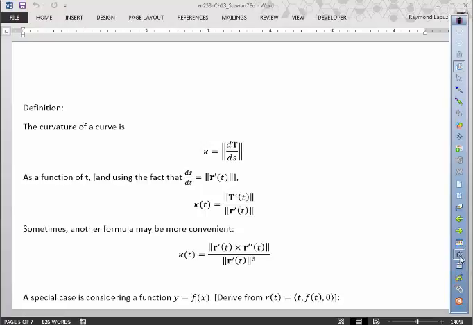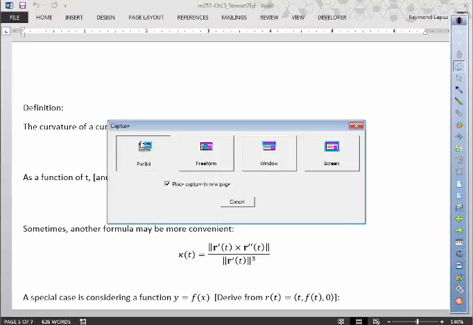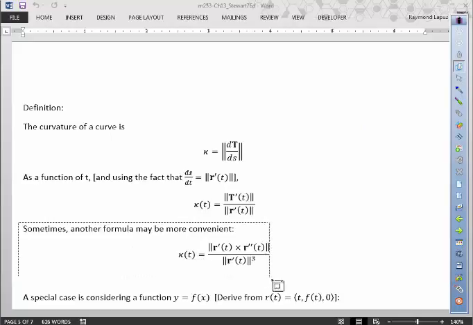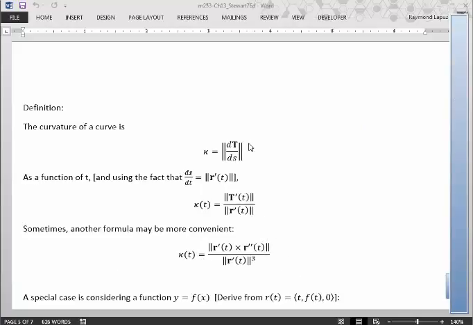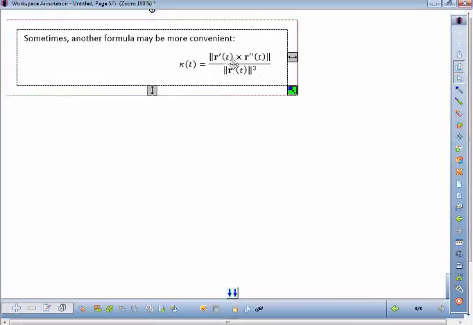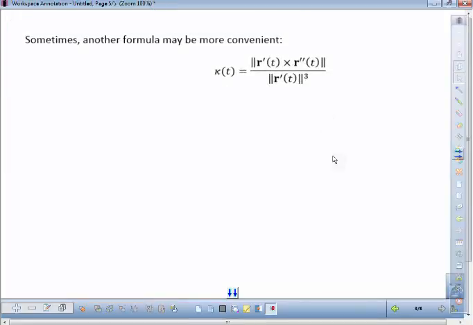I don't know if this is more convenient, but I guess for some cases it could be more convenient. If you have zeros or something, maybe it might work better. Who knows?